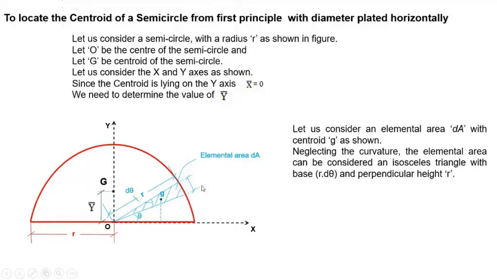From a sector of a circle, this width can be given by r d theta, right? Let d theta be the angle made by the small triangle at the apex of the triangle. Then if r is the radius or height of the triangle, the base width can be given by r d theta from geometry.